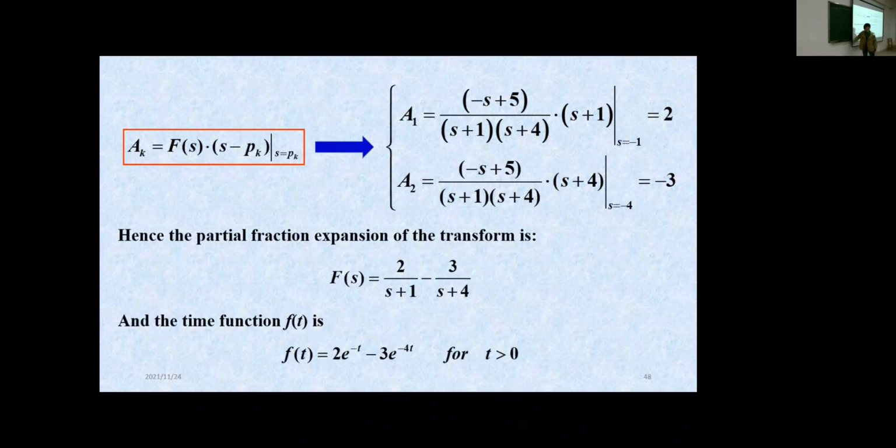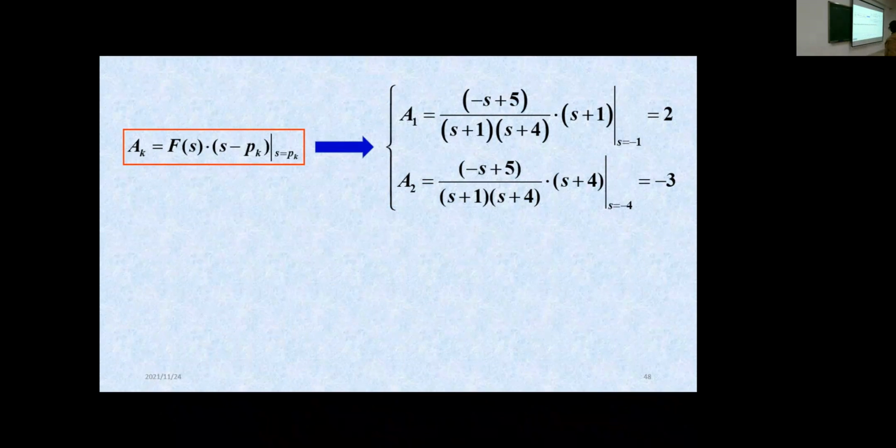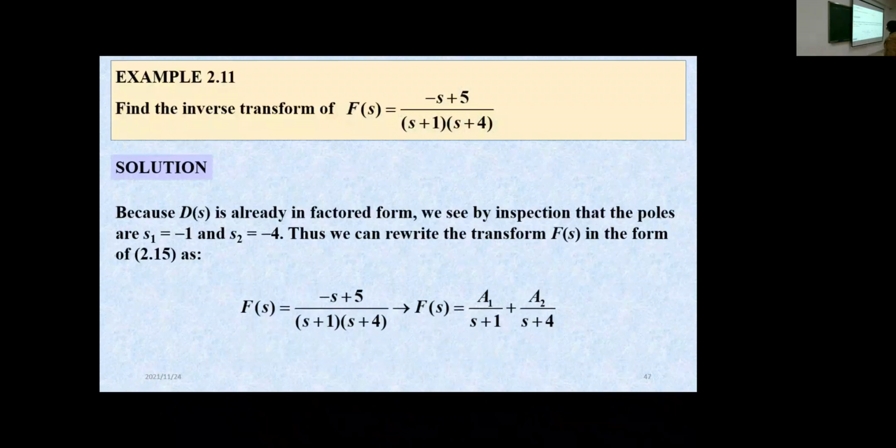How about dealing with the other way? Here, let's see. Still, the first steps are the same, right? And after we write this, turn them together.